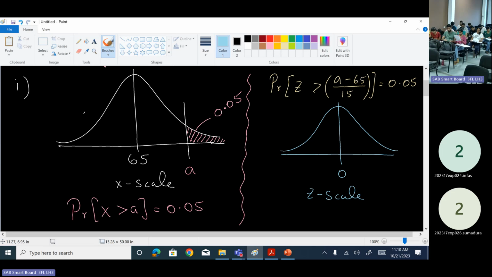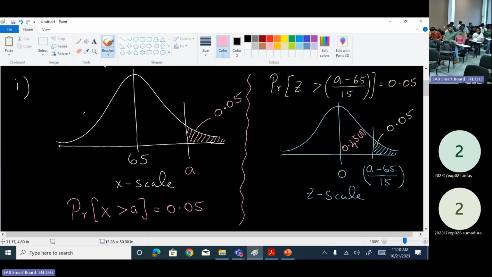Now we have to locate the transferred value of A. A was originally on the right side, so the transferred value also lies on the same side. This area is 0.05, so the remaining area from 0 to this point would be 0.4500.